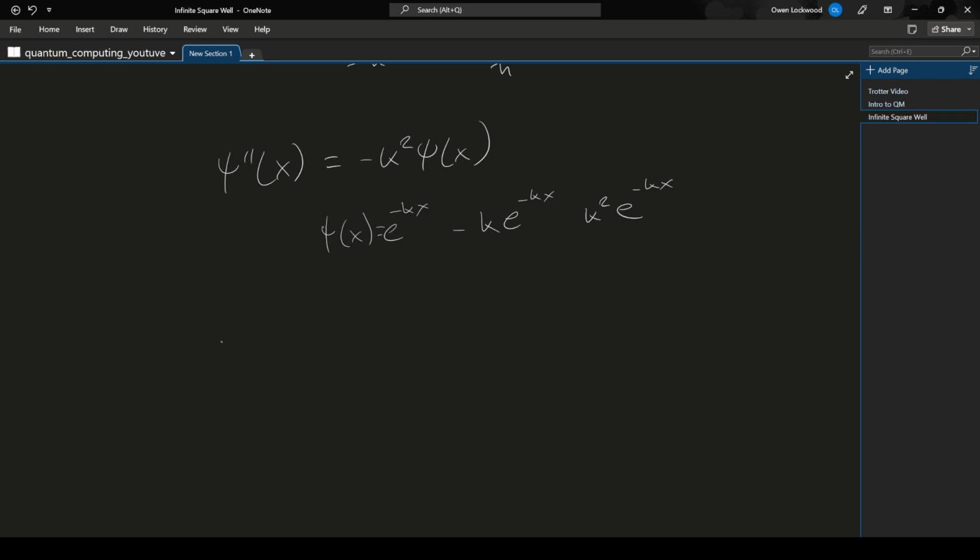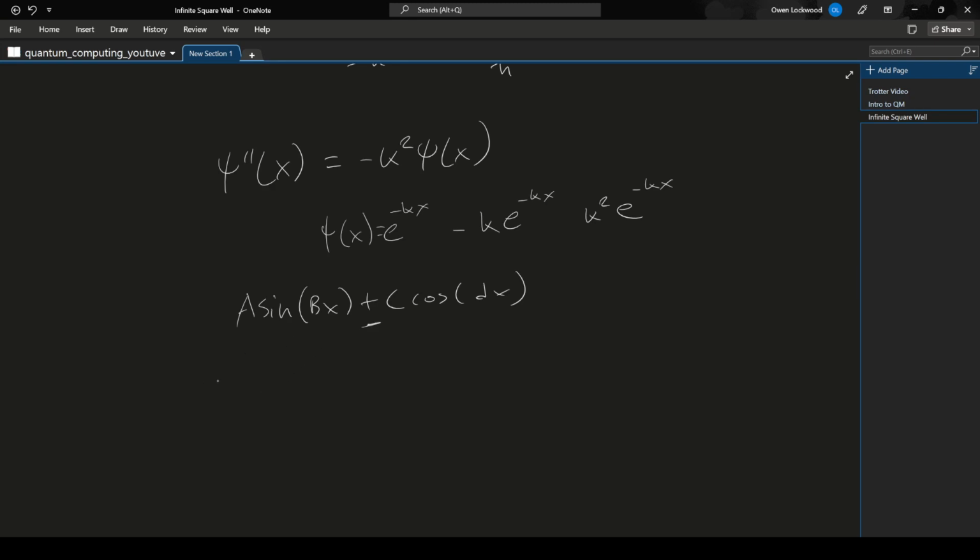We know that if our equation is some combination, a sine of bx plus c cosine of dx, we can separate them because they're added.